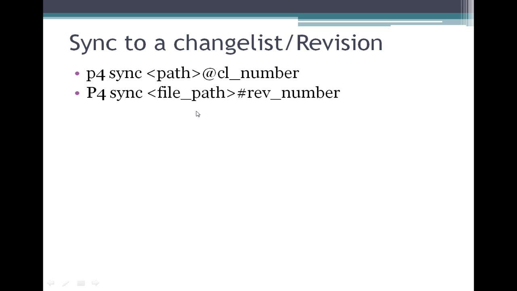Or you can sync a particular file. You need to mention the file path with the revision number. Here the @ is the CL number, and the hash symbol is the revision number. So you give hash 1, 2, 3, something like that. So you can sync via the command line.